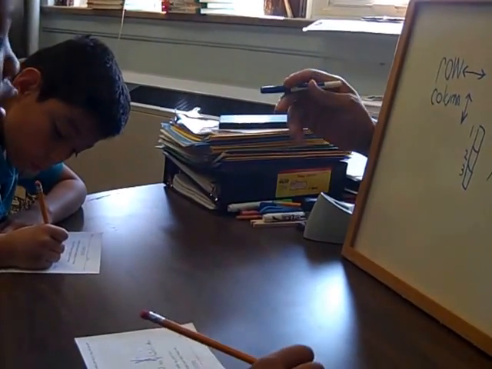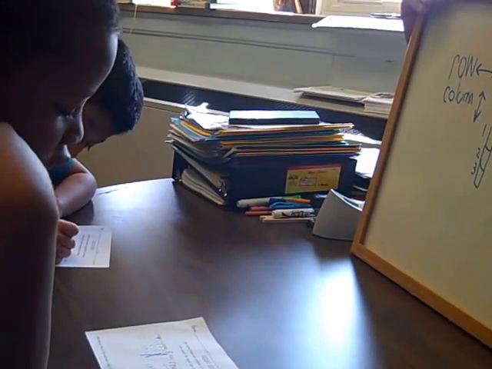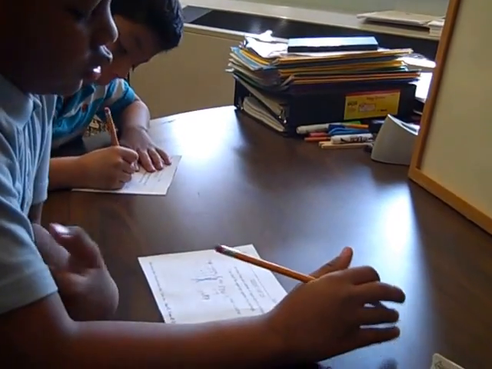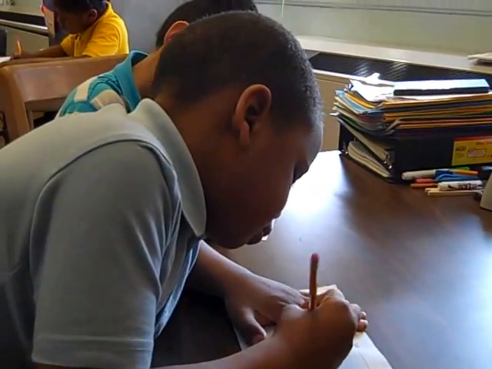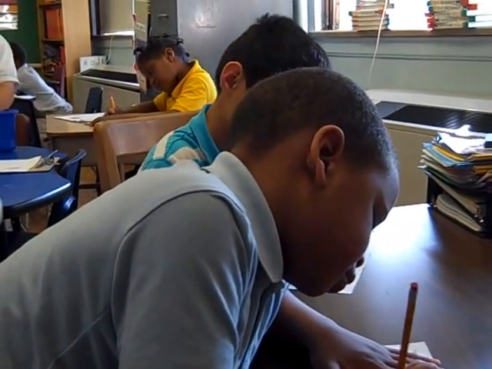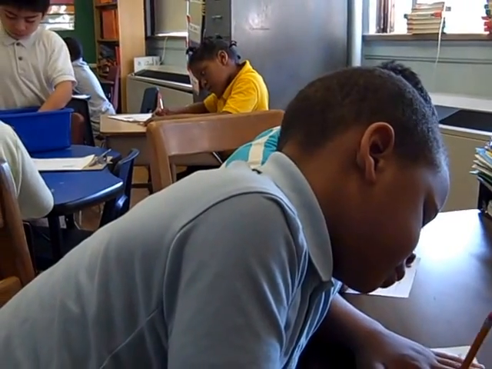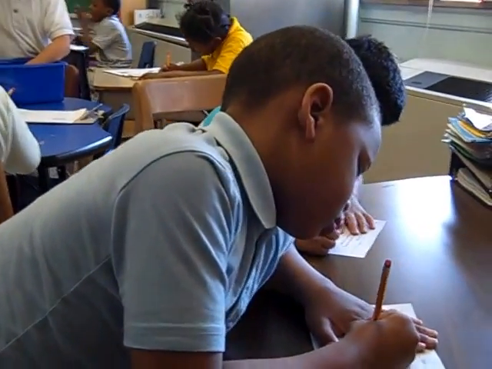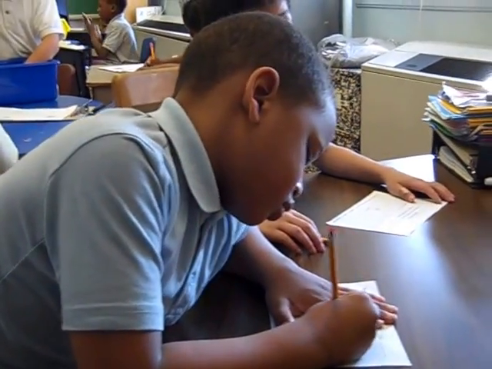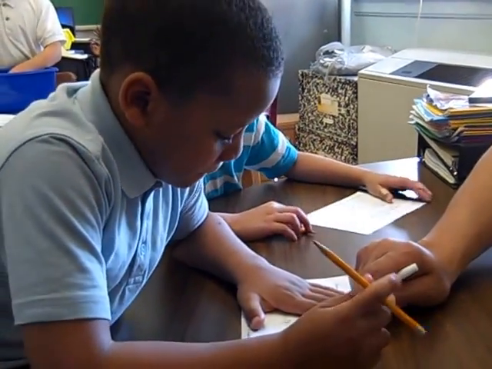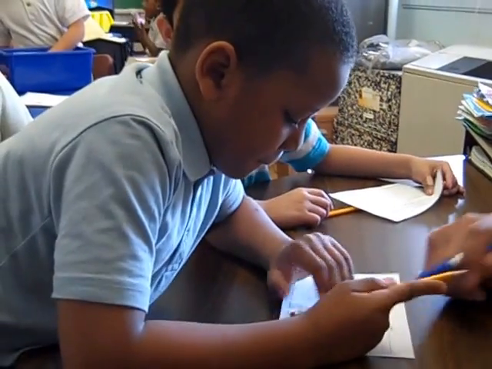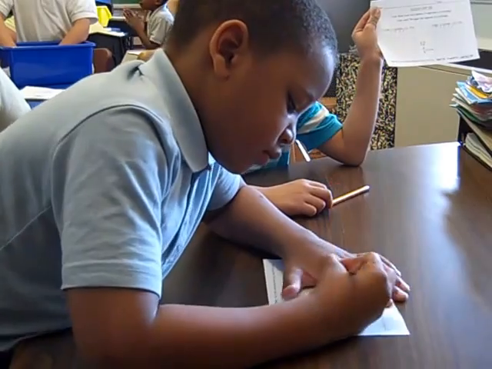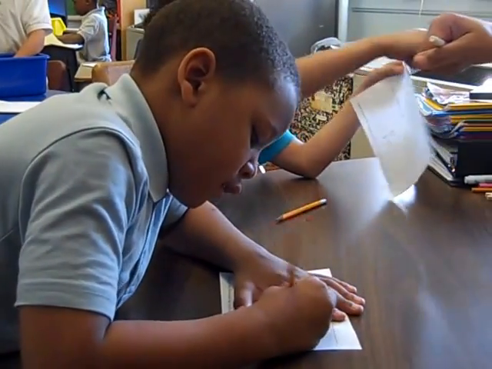Now the problem says 2 rows, 6 columns. Did the same thing. You skip one. This is one. Excellent. Perfect. You go back to your seat.